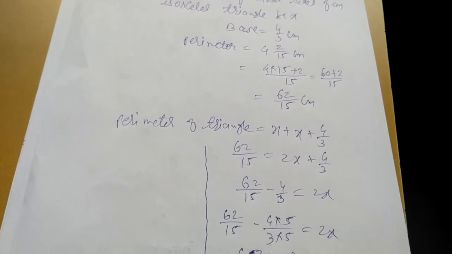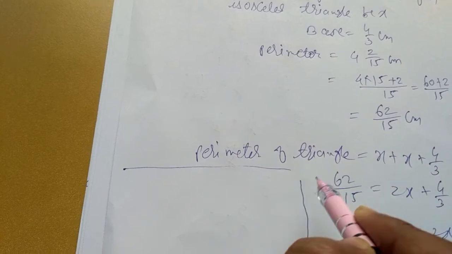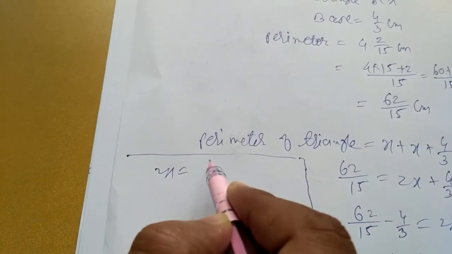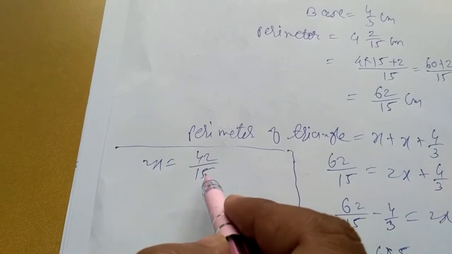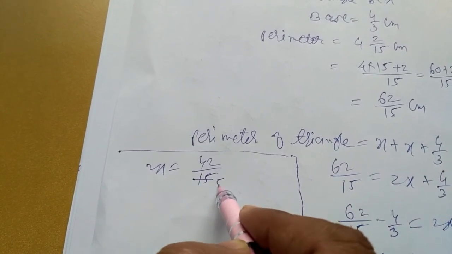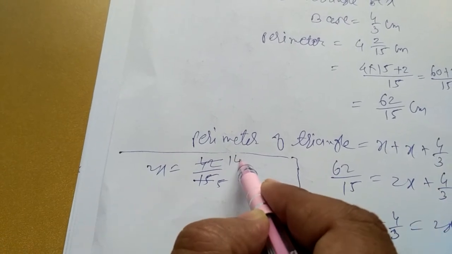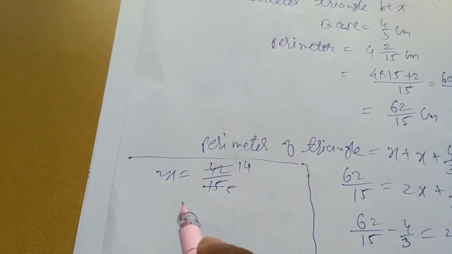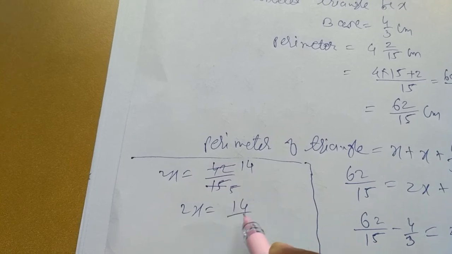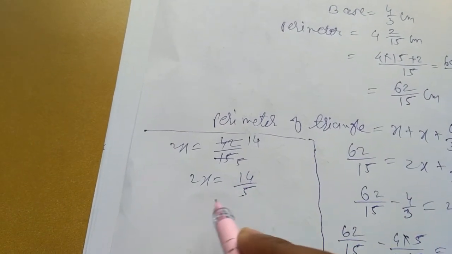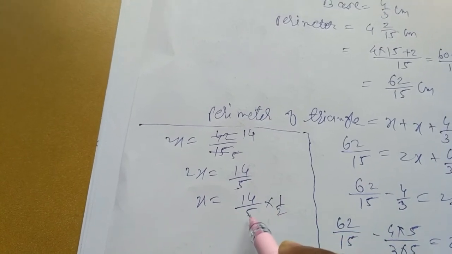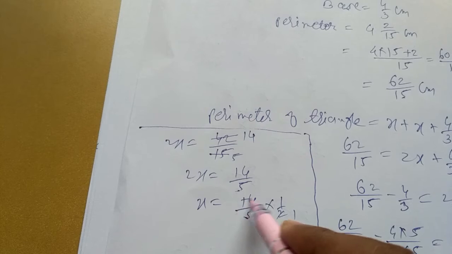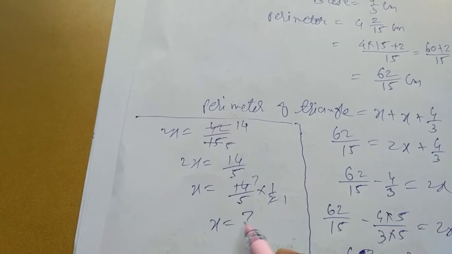We can divide 42 upon 15 by 3. 3 5s are 15, and 14 3s are 42. Means 2x equals 14 upon 5. We shift 2 to the right side, means x equals 14 upon 5 into 1/2. So 2 1s are 2, 2 7s are 14. Means x equals 7/5.